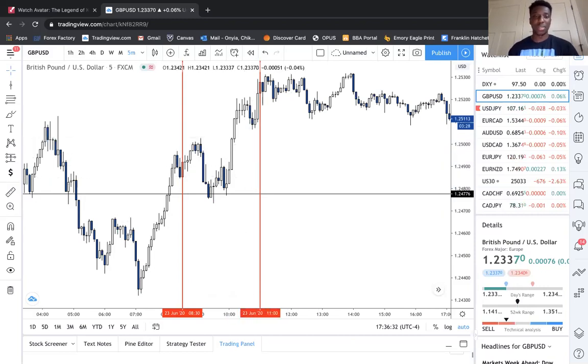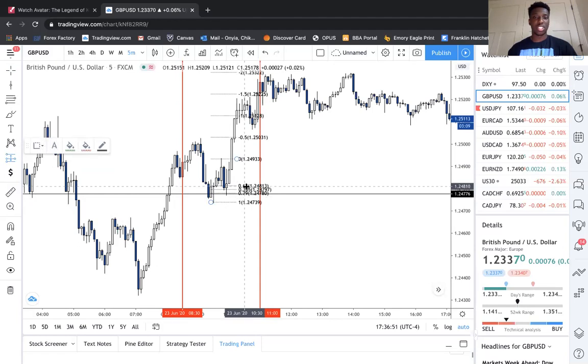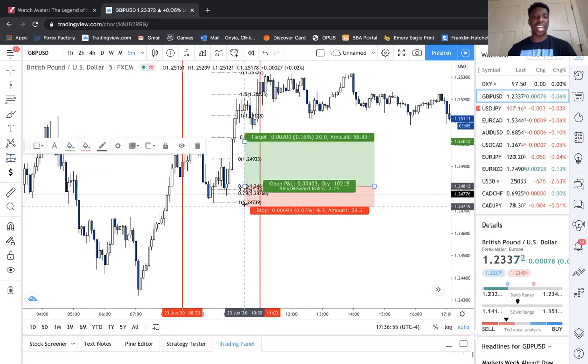And so something like this, because this high didn't take out this one, I would have waited and watched. I wouldn't have set a limit. I would have just drawn my fib from this low up to here, and just placed a charting buy limit, not an actual one.